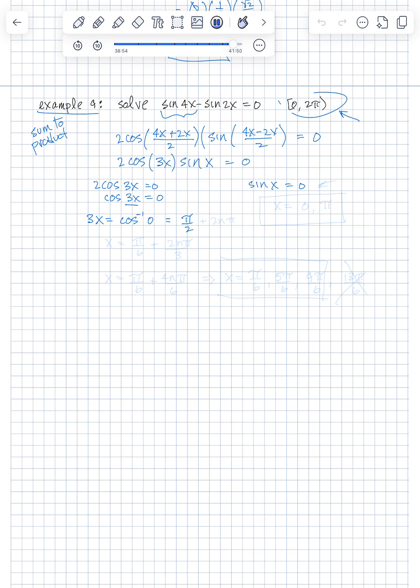And we have to do our 2n pi before we divide both sides by 3.